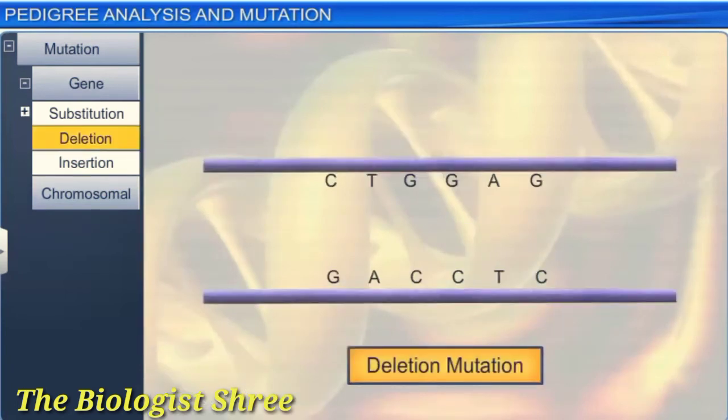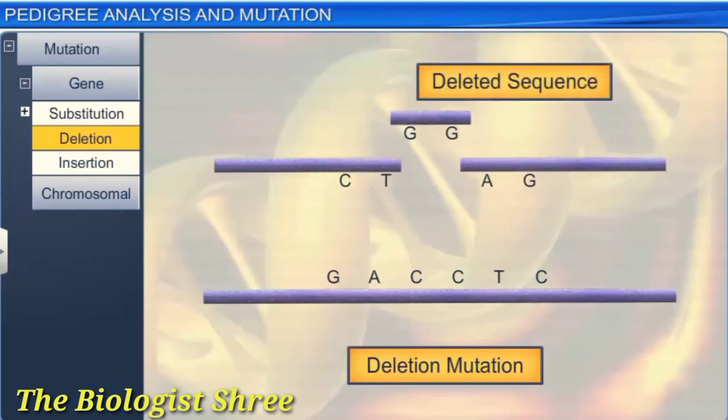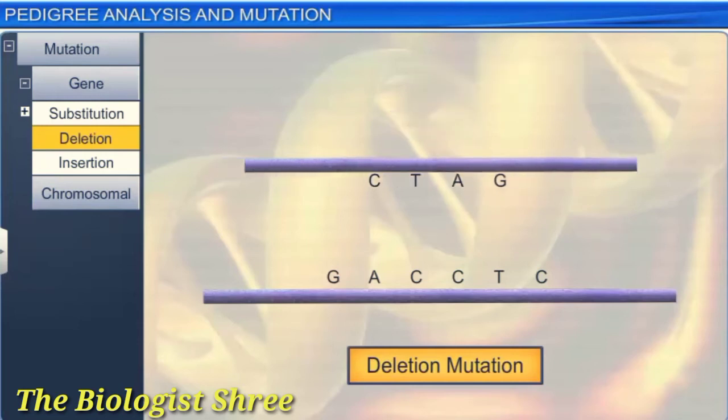Deletions, on the other hand, occur when a sequence in a gene is deleted. For example, deletion of a sequence of gene in the APC gene, which is a tumor suppressor gene, results in a non-functional protein which leads to cancer.